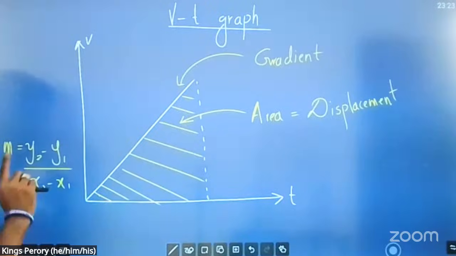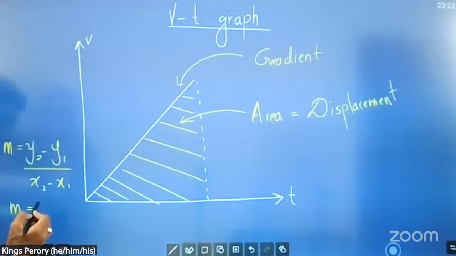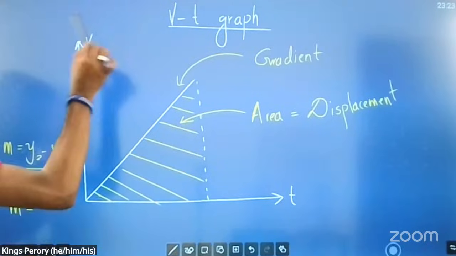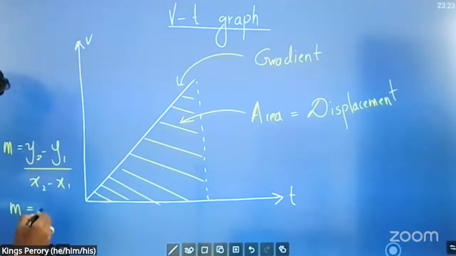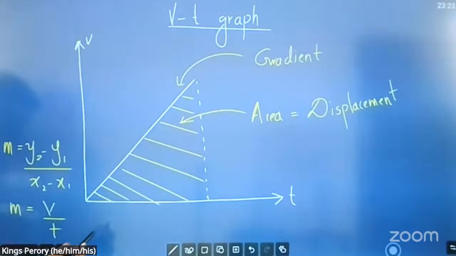Now, in this graph, y-axis is velocity and x-axis is time.